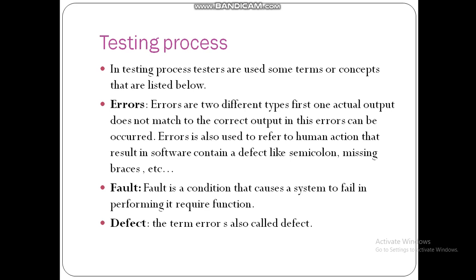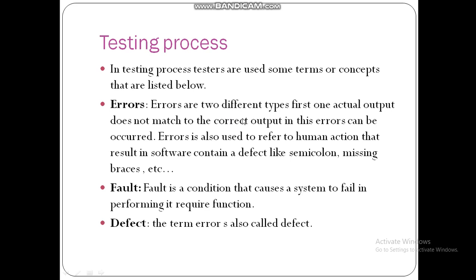After executing a program, we receive some output. That output is called the actual output. Before we write the program, we can assume one output, which is the correct output.